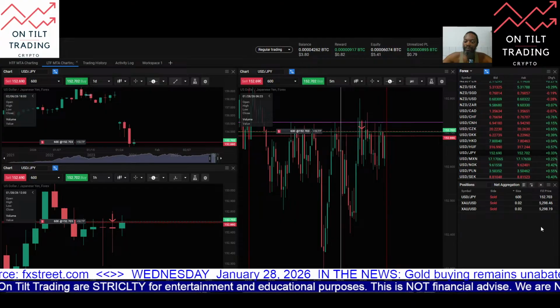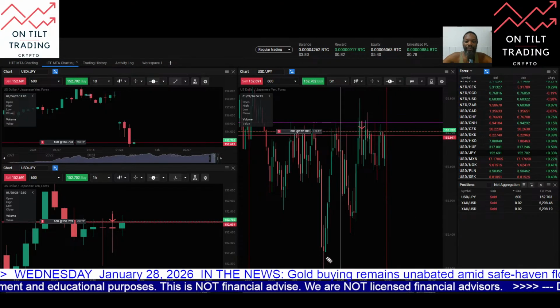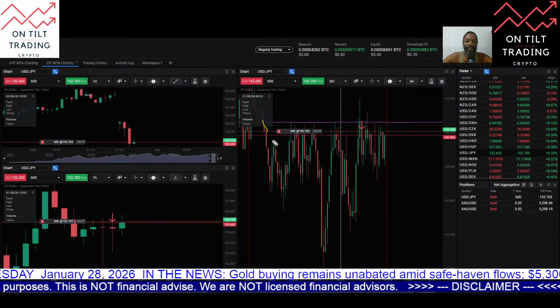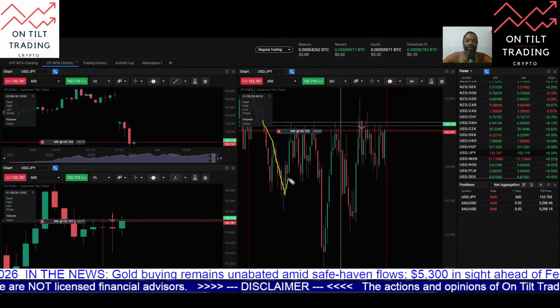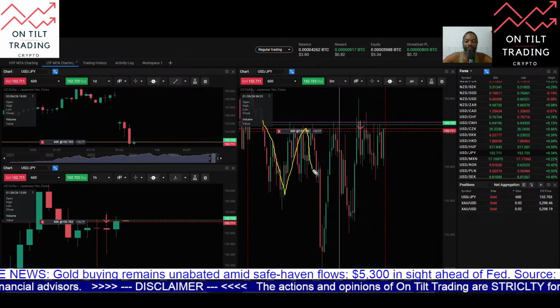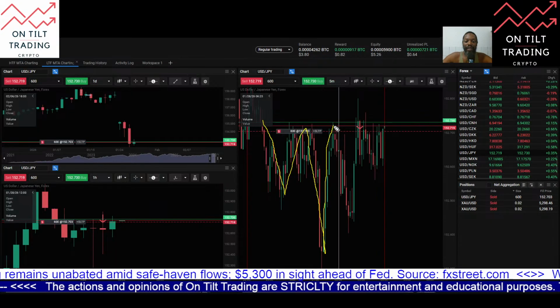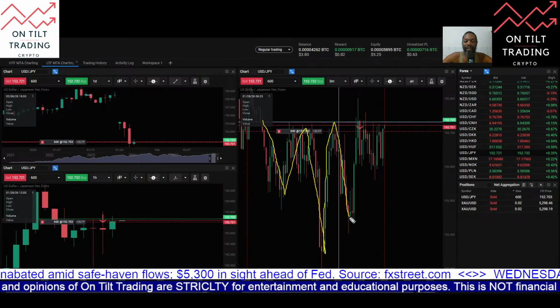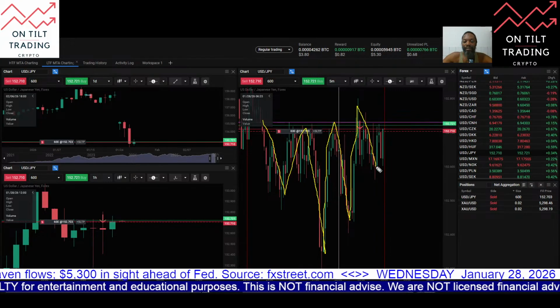But in the process of this pullback, you can see here this shift. So you can see coming in here, lower high, lower low, lower high, lower low, higher high, higher low, higher high, higher low.